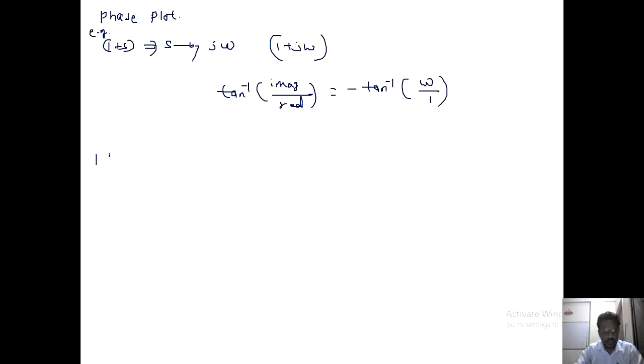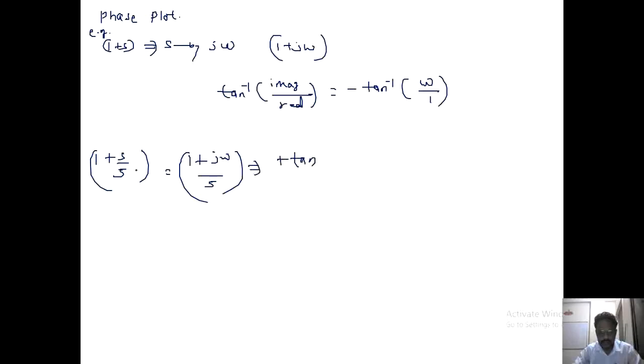Then again we have 1 plus s by 5, so it can be written as 1 plus j omega by 5, and the formula is tan inverse but positive because it is a zero. The coefficient of j is omega by 5, so omega by 5 divided by 1, that's it, plus tan inverse omega by 5.